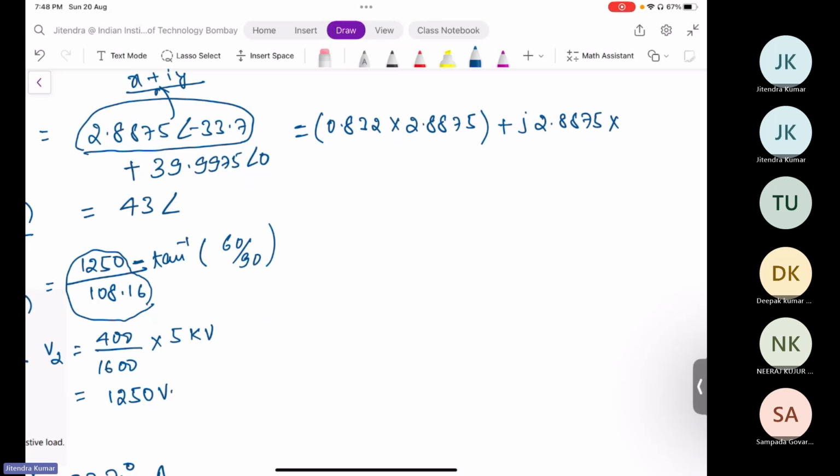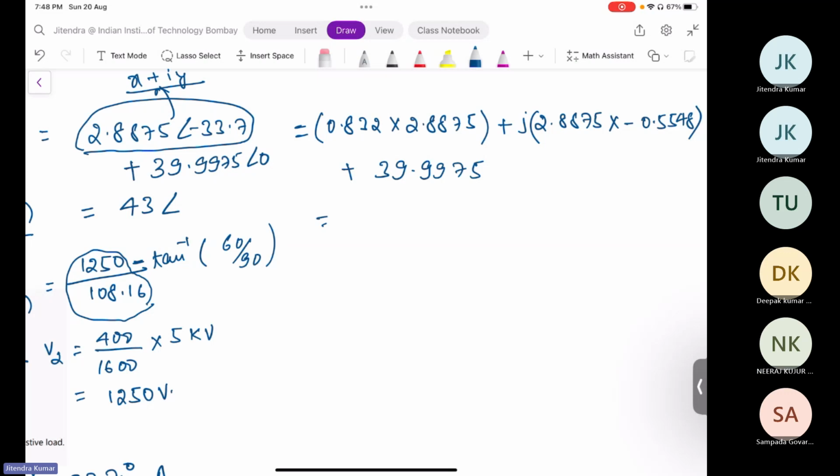So it will be minus 0.5548 plus the last term, which was already in real only. So we can write it as it is.